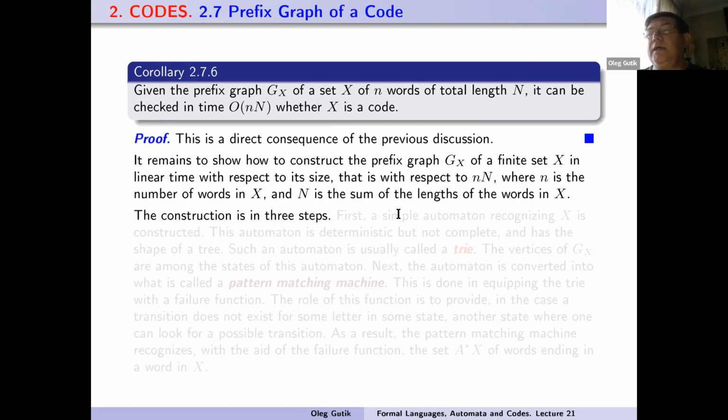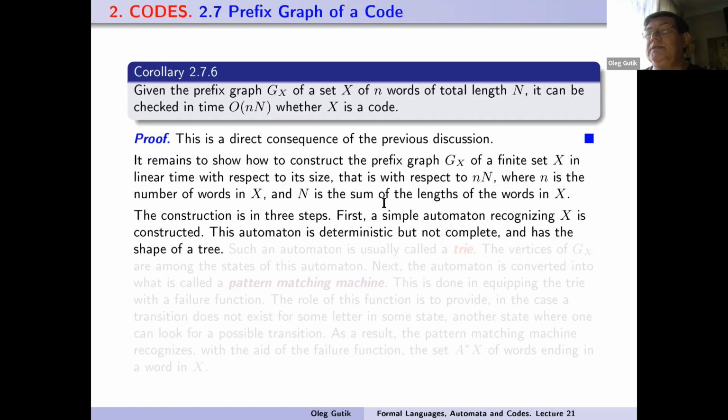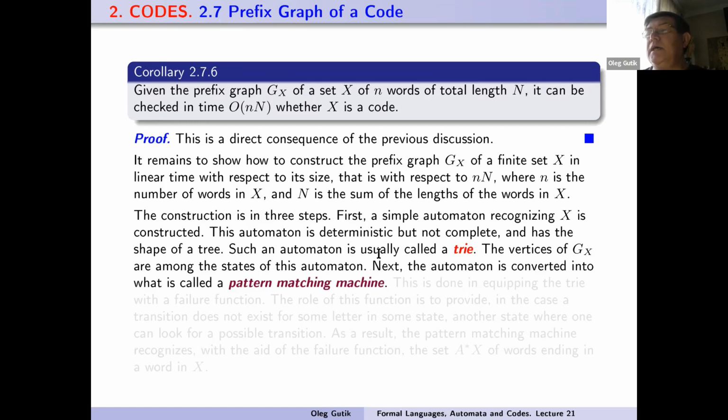The construction is in three steps. First, a simple automaton recognizing the set X is constructed. This automaton is deterministic but not complete and has the shape of a tree. Such an automaton is usually called a trie. The vertices of the graph G(X) are among the states of this automaton. Next, the automaton is converted to what is called a pattern matching machine.